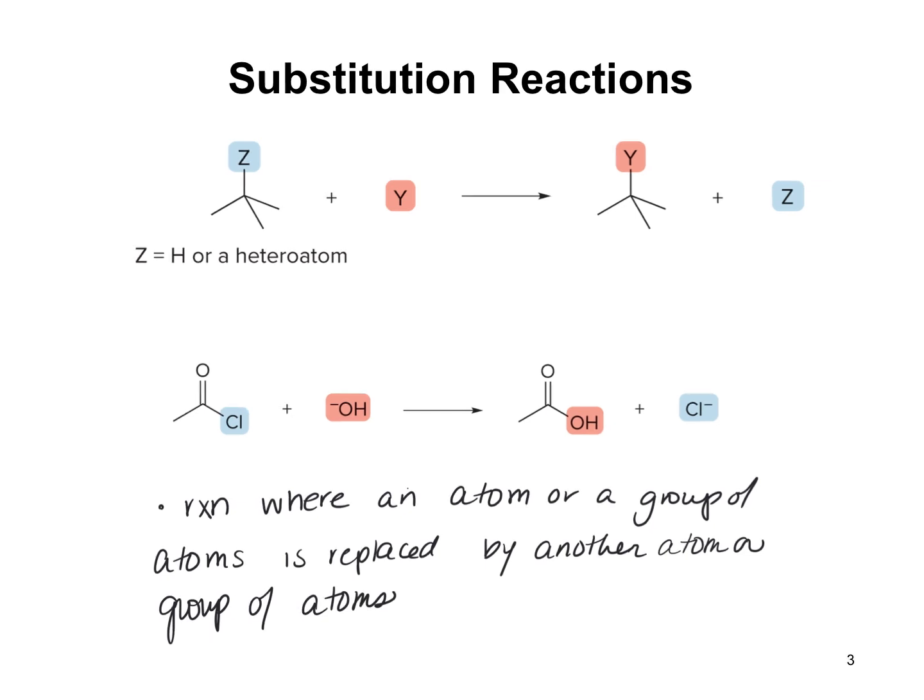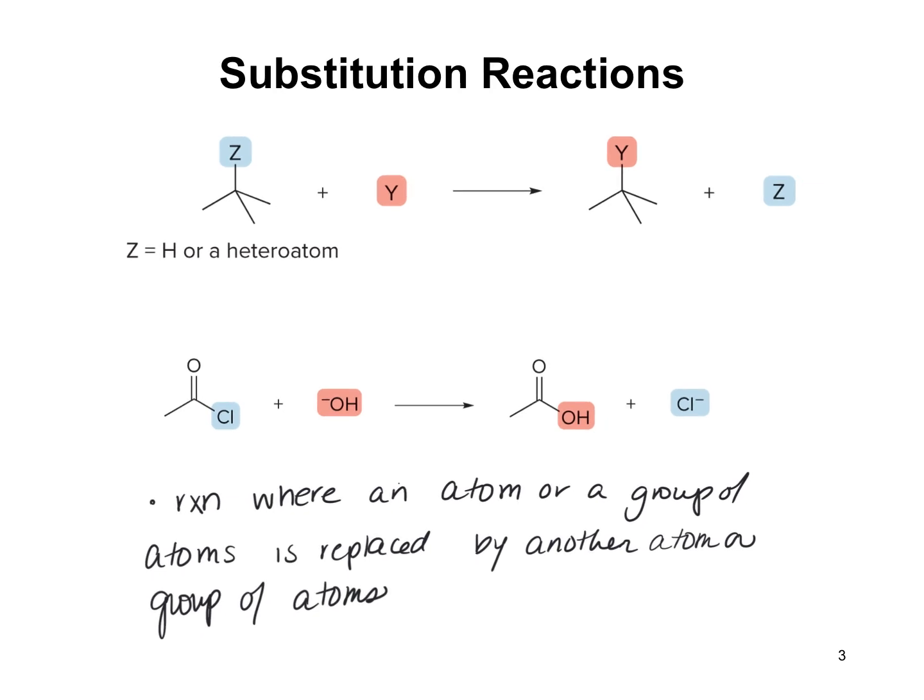So in a general substitution reaction like we look at here, we have Z, which is our generic heteroatom that shows up a lot, something that's not carbon. We see that it reacts with Y, and that Y will come in and replace the Z on the carbon atom. This is an example of a substitution. One thing substitutes for another.